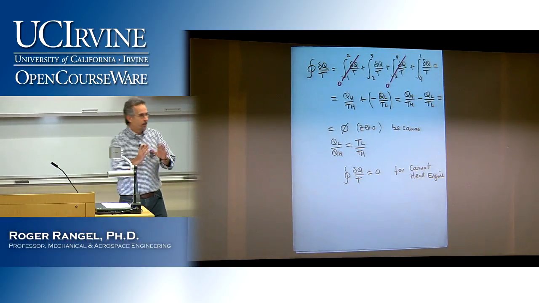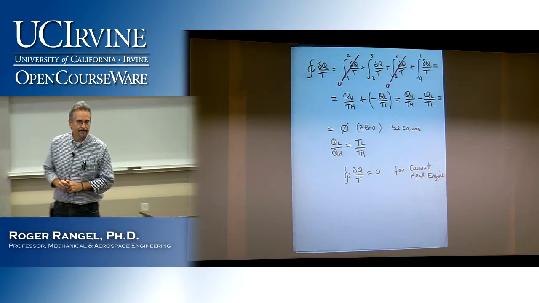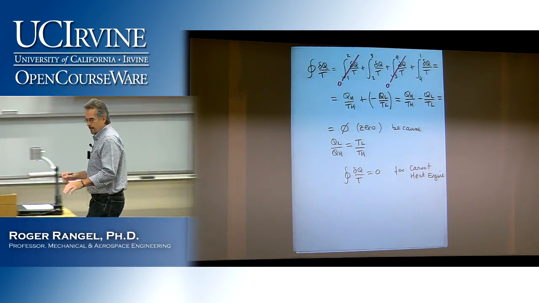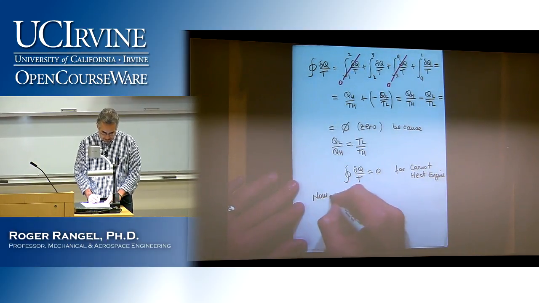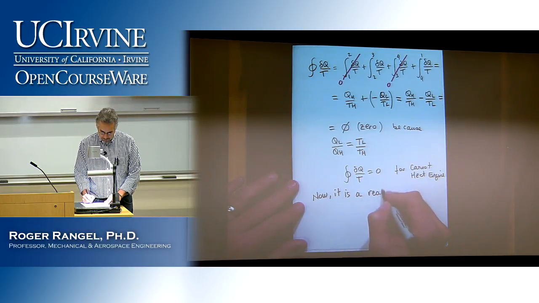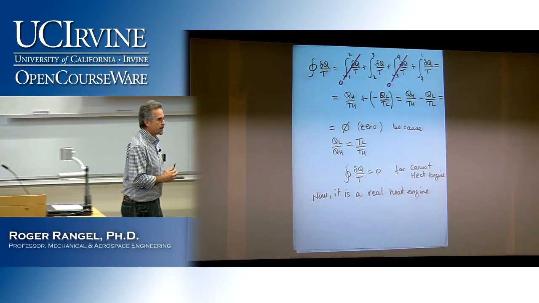Okay, now I'm going to switch my engine, and now it's going to be a real heat engine. So I'm going to redo this calculation now. Now it is a real heat engine. Okay? It's a real heat engine.